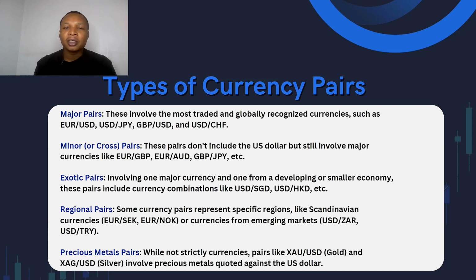Examples are gold paired against the dollar, silver paired against the dollar, copper, titanium, and aluminum paired against the dollar. Any metal used for jewelry, production, or industry, whenever it is paired against the dollar or against any currency, we call it a precious metal pair.